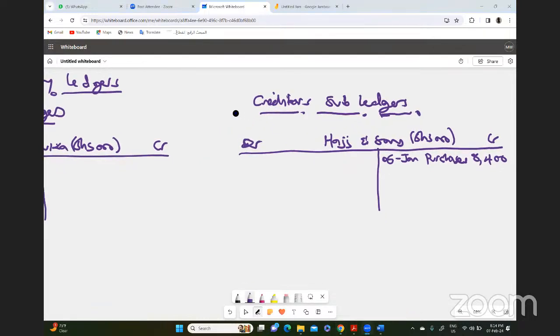Well, the question said we are supposed to draw a general ledger. Yes. But when we look at the format of the general ledger, it has the details, debit and cash. It has the general journal.